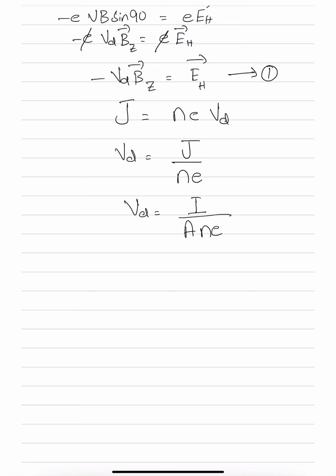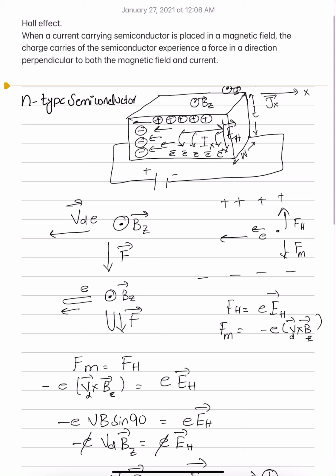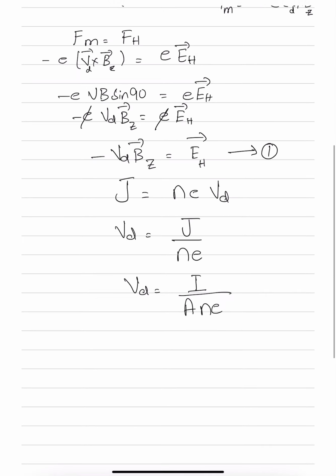And what is the area here? You can see that this is the width and this is the height of the conductor. So we can say that the area is W into T. So we can write that Vd is equal to I by W into T, divided by n e.